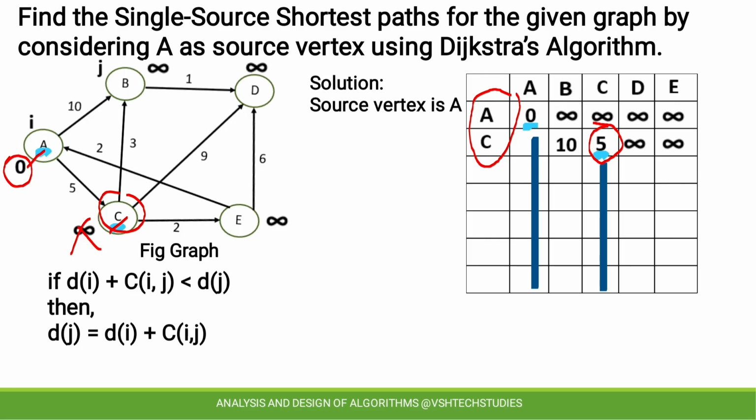So this infinity is struck off and distance of C with A is 5. One more point, distance of B with respect to A, at present it is 10. So infinity was struck off, it was marked with 10. So this is the status of solution so far.